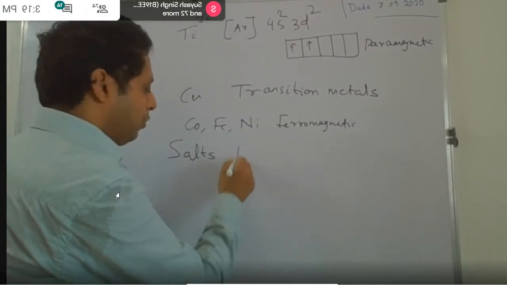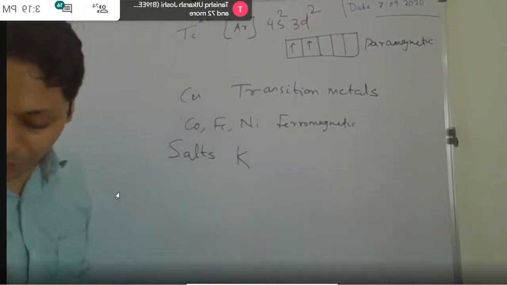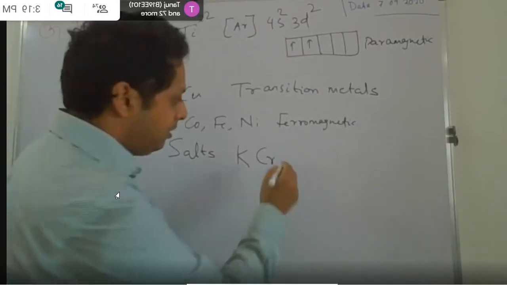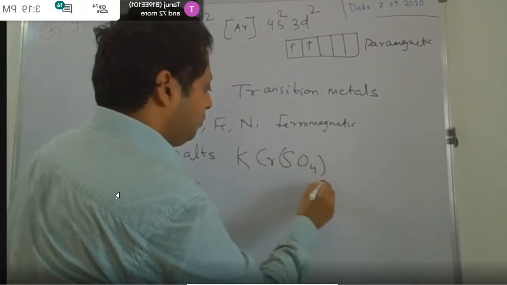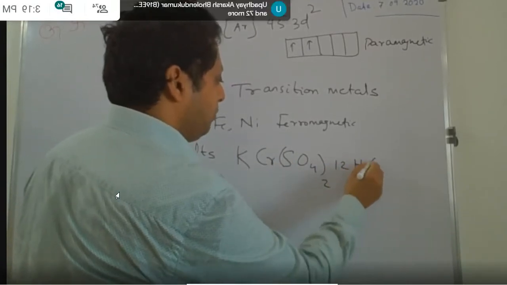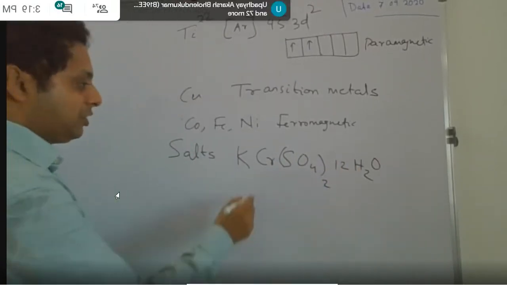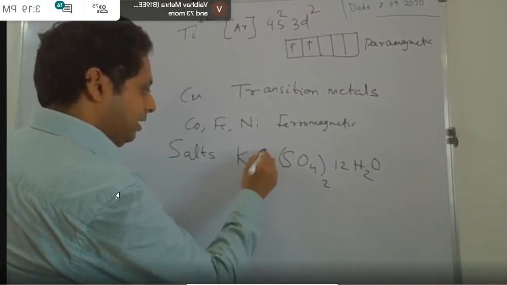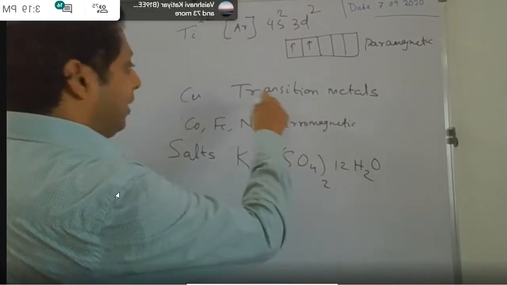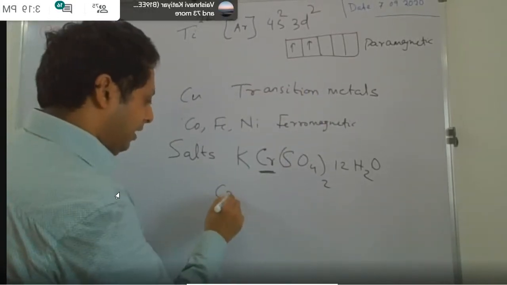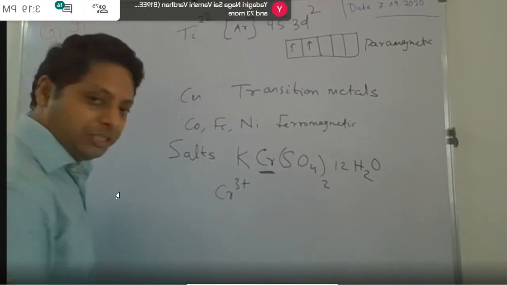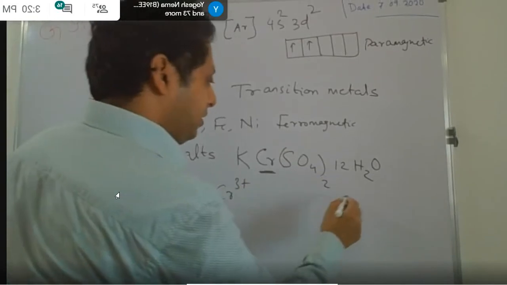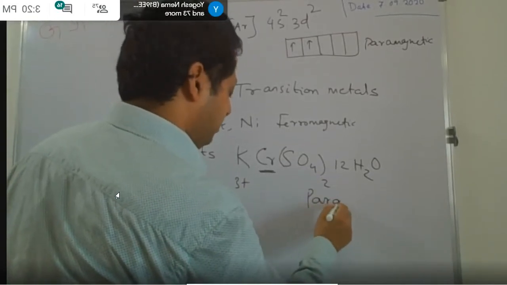One example I will give you, which is given in the book as well, is chromium potassium sulfate 12H2O. This is a salt where the chromium is from the transition metal group, in the 3+ valence state, and this salt is paramagnetic.